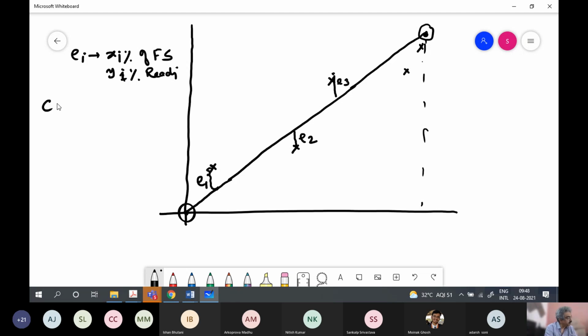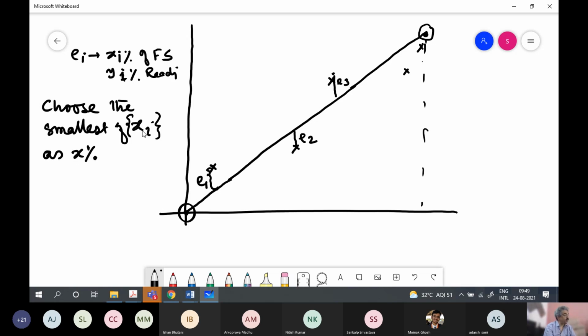Because the full scale number is fixed, if we choose the smallest of Xi as X% of full scale, then obviously this Y% reading will not match, but it need not match actually.